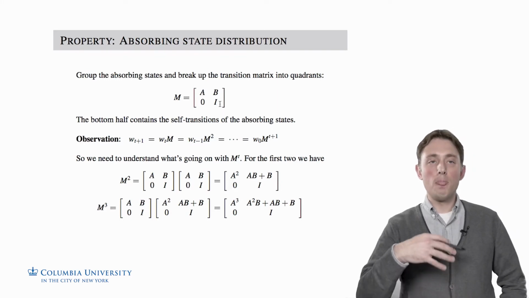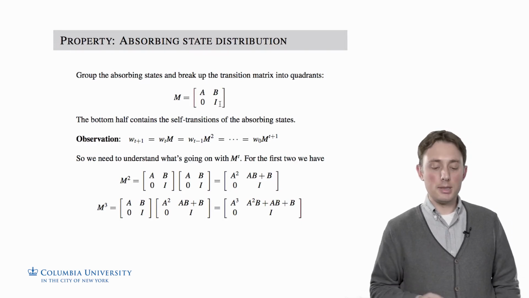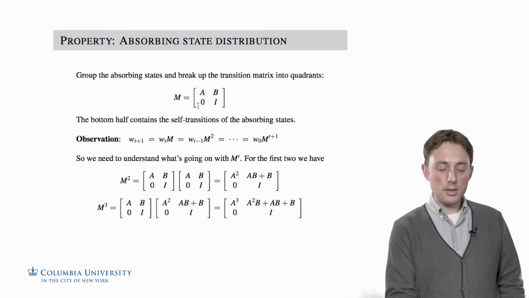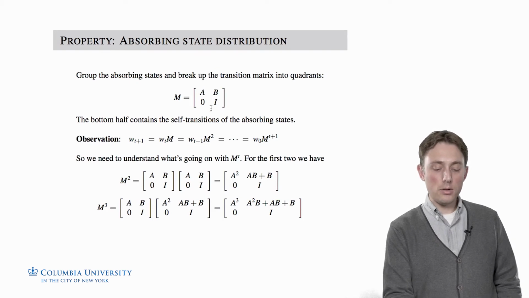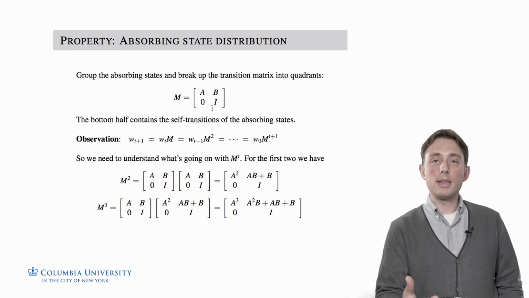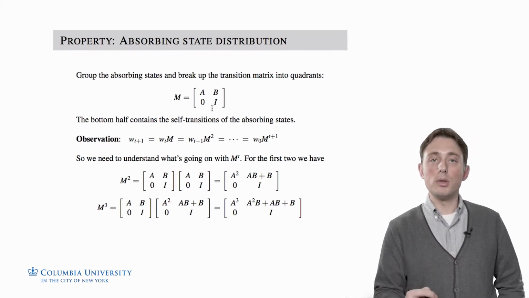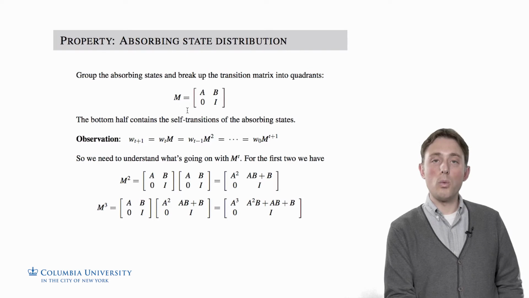If we have s different states and k absorbing states, this 0 will be a k by s minus k matrix, all zeros. And then this final k by k matrix will be the identity. That's going to model the fact that we have a self-transition with probability 1. So given that I'm in one of these bottom k states, the probability of self-transitioning is equal to 1.